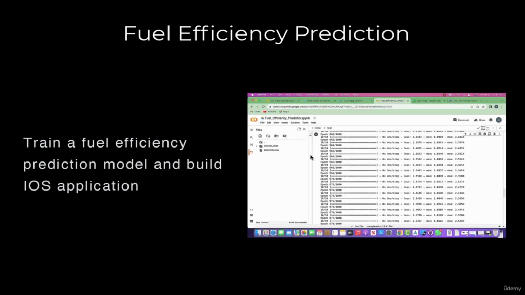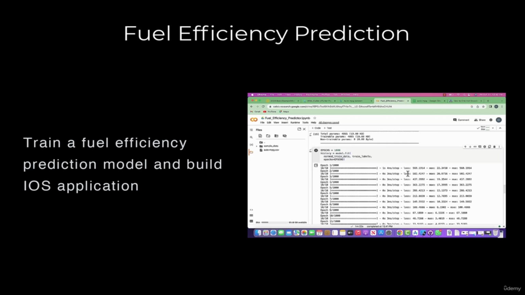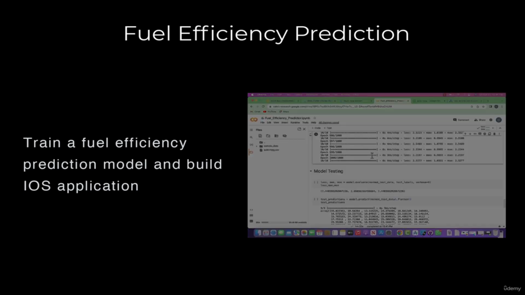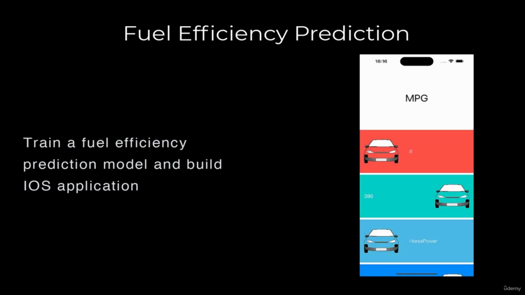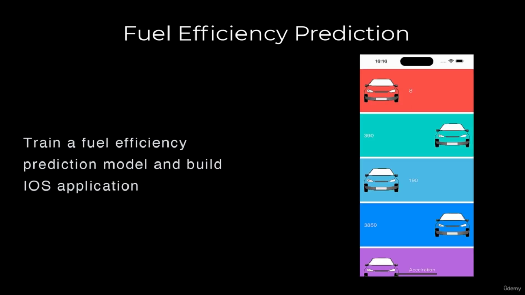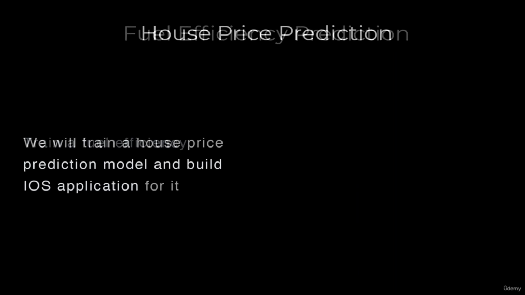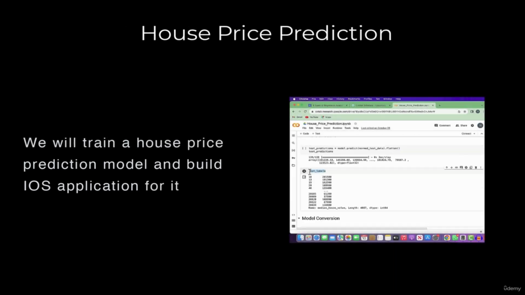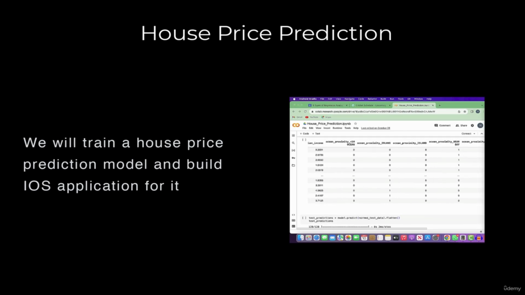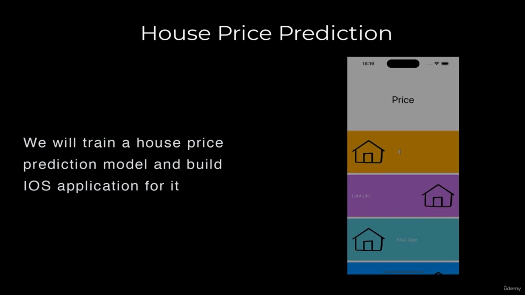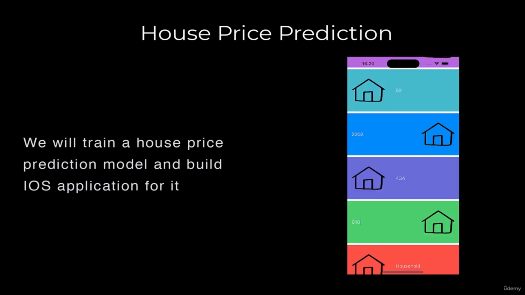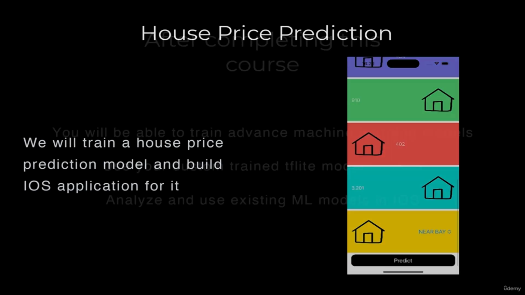And after that, we are going to train an advanced machine learning model to predict fuel efficiency of automobiles. And then we are going to use that model in iOS for building a beautiful fuel efficiency prediction application. And finally, we are going to train a house price prediction model, and then we are going to use it in iOS for building our house price prediction application.